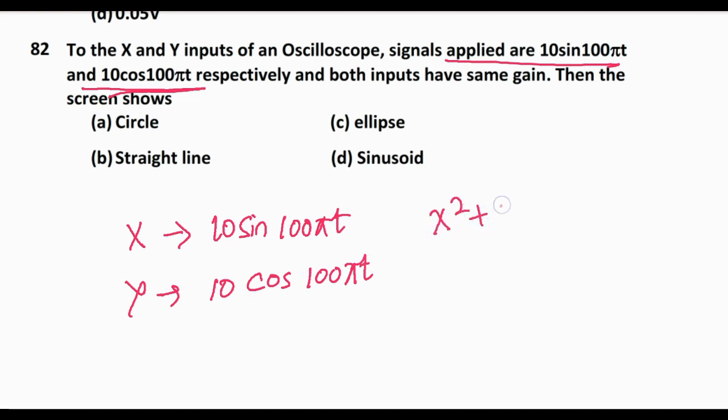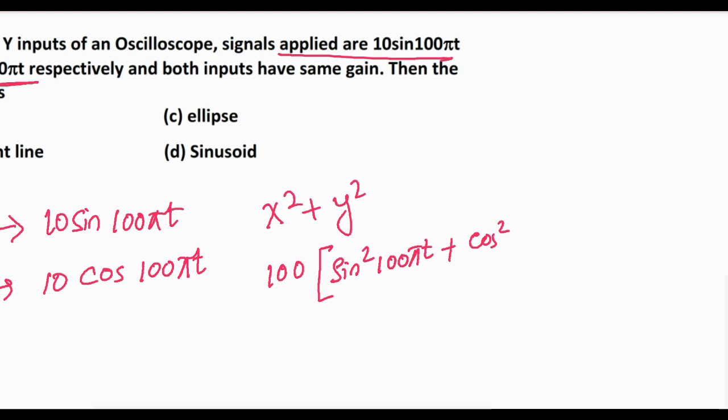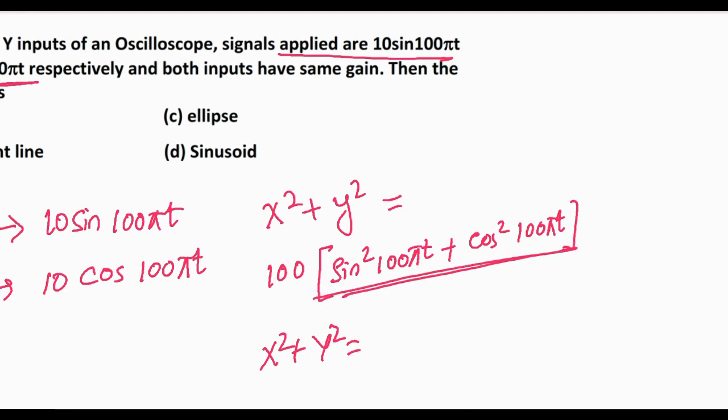X square plus y square. So what will be x square plus y square? This will be 100, taking 100 common, sin square 100 pi t plus cos square 100 pi t. Since cos square theta plus sin square theta is equal to 1, x square plus y square will be 100 or 10 square.